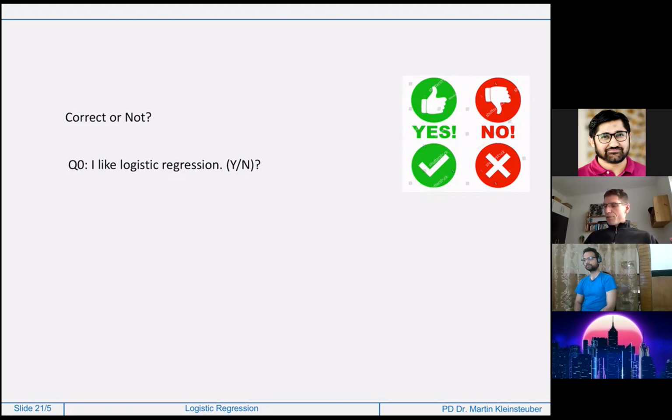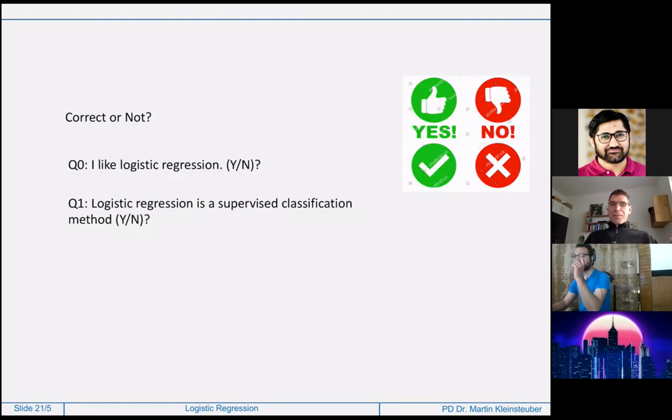Okay, so that was the first question. Second one, also an easy one. Logistic regression is a supervised classification method, yes or no? Students, kindly please vote once again because we had to erase the previous votes. So, logistic regression is a supervised classification method, yes or no?